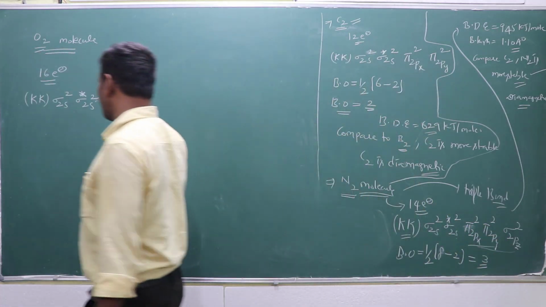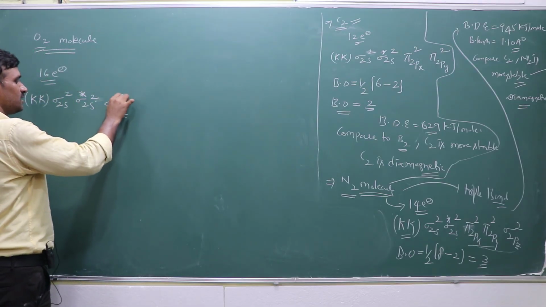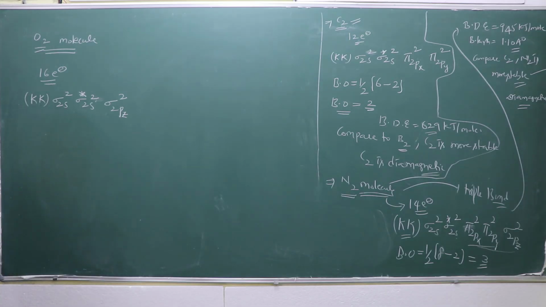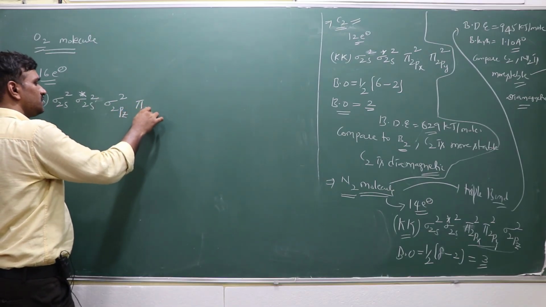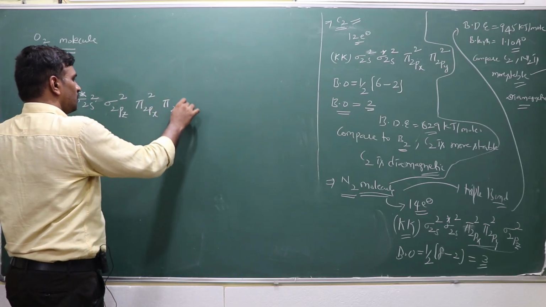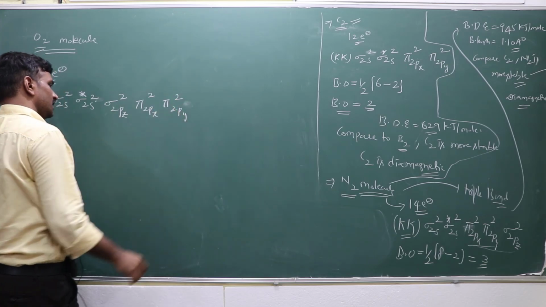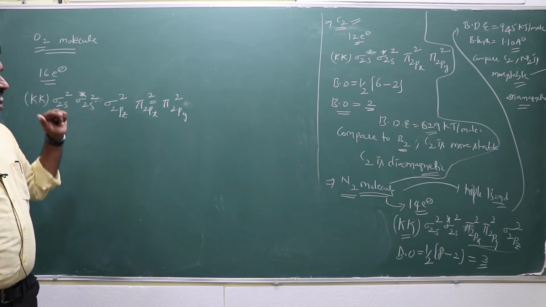Experimental results show that in the O2 molecule sigma 2pz has less energy. So sigma 2pz2, and after that pi 2px2, pi 2py2.